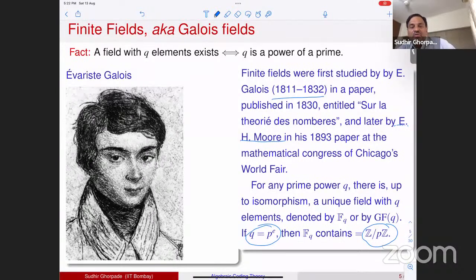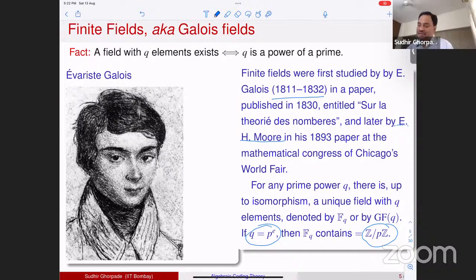There was the Chicago World Fair in 1893. What is not so well known, or certainly not taught to us in school, is that the Chicago World Fair also had a mathematics component, and the proceedings of the mathematical congress contain this paper of E.H. Moore, which I like to call the second most important paper on finite fields.